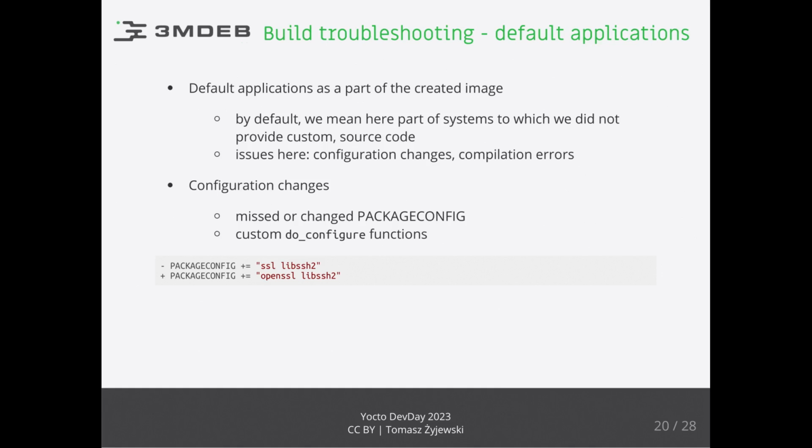But sometimes we need to change some configuration of them. For example, the package config name changed from SSL to OpenSSL. We built our image, it boots, and everything looks like it is working okay, but through later testing it turned out that the given package did not have the OpenSSL configuration, so we needed to add that.